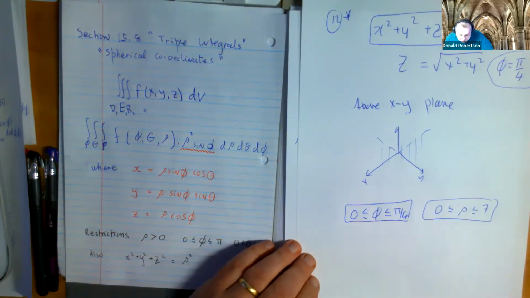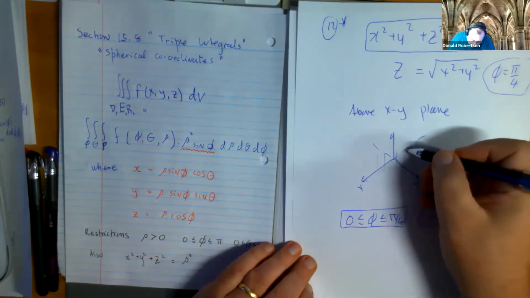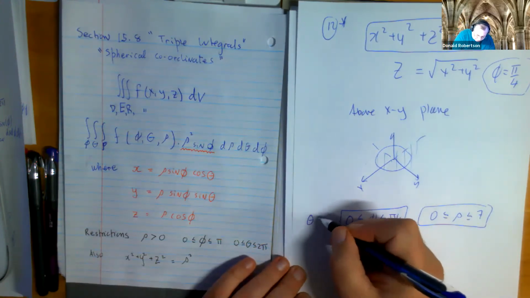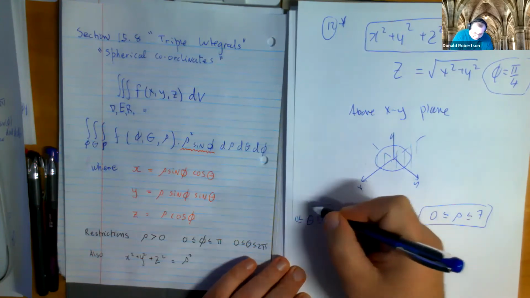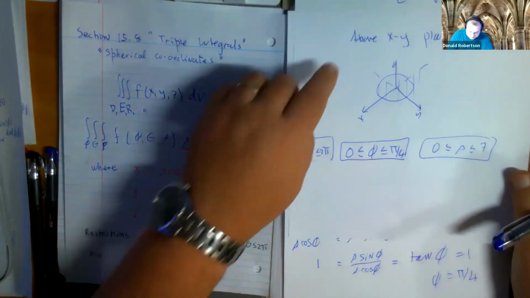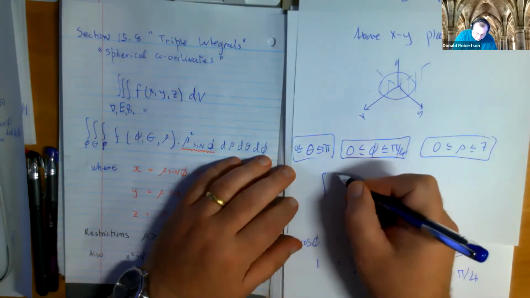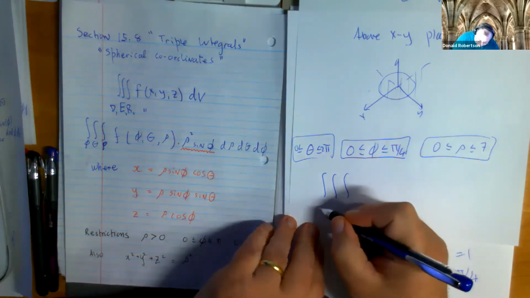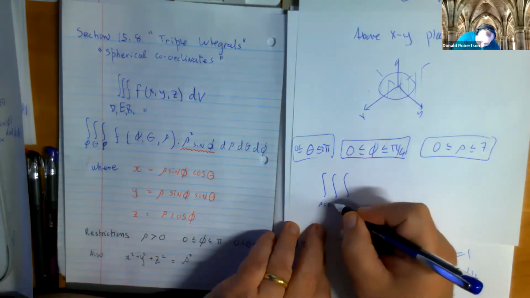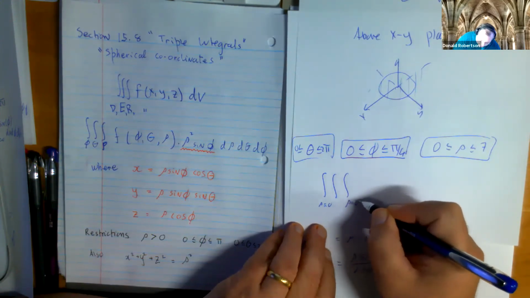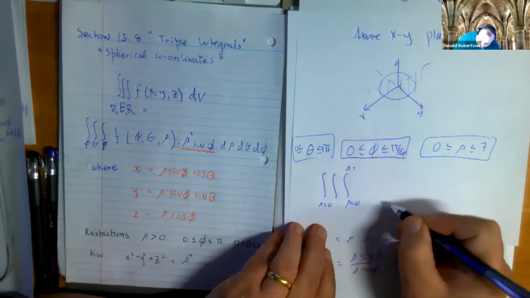Is there anything in this that I need to worry about in the XY plane? No, the XY plane can still use all the thetas. So won't theta be 0 to 2 pi? So this particular question then is going to be a triple integral. Rho is going to go from 0. Let's do it in the order I try to do it in every time.